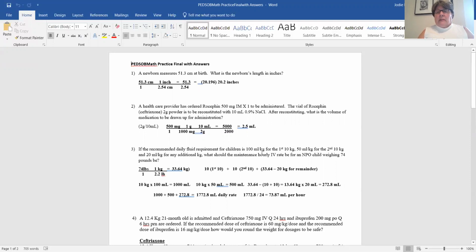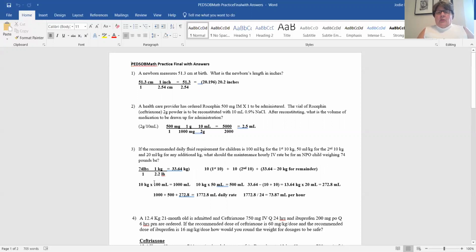It's 100 milliliters per kilogram for the first 10 kilograms, 50 milliliters per kilogram for the second 10 kilograms, and 20 milliliters per kilogram for every additional kilogram over that. What should the maintenance hourly rate be for an NPO child weighing 74 pounds?